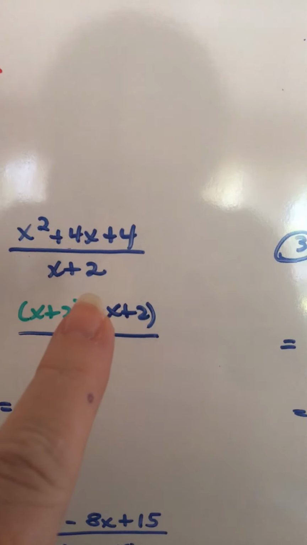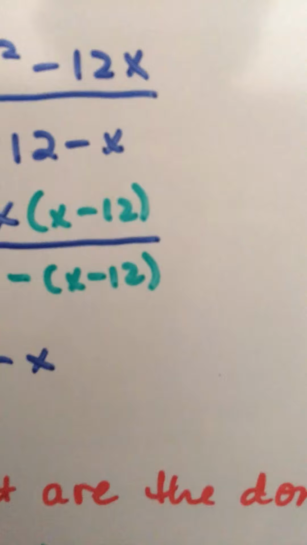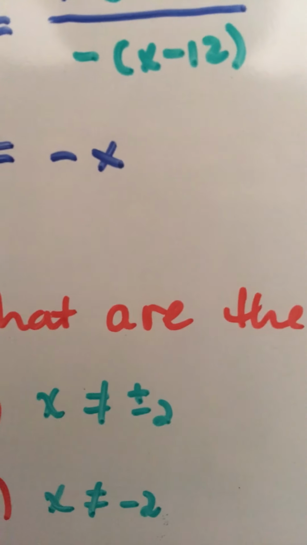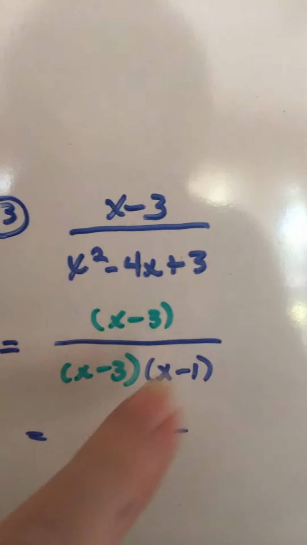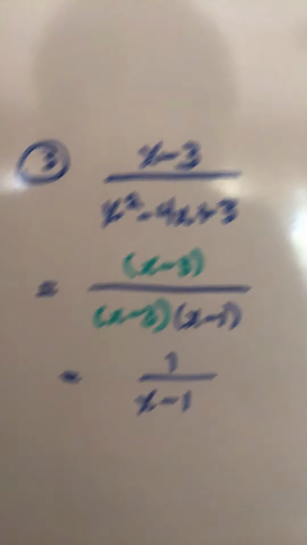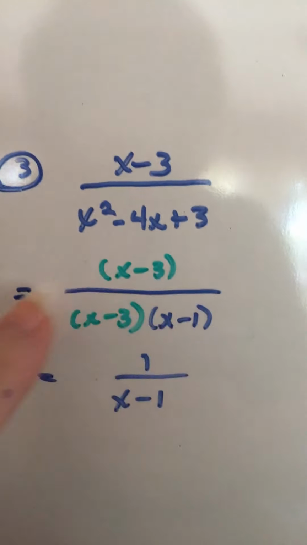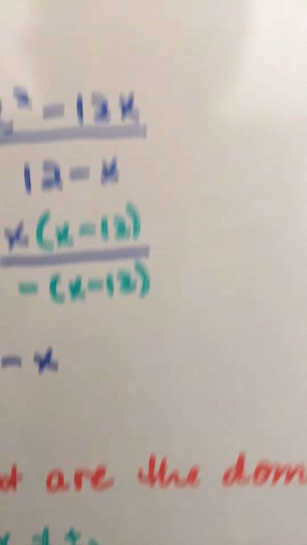What's the only thing that makes the denominator 0? Negative 2. So my domain is x is not negative 2. What makes this denominator 0? Well, 3 and 1. Therefore, even though it looks like only 1, once gone, always gone, so x cannot be 1 or 3.